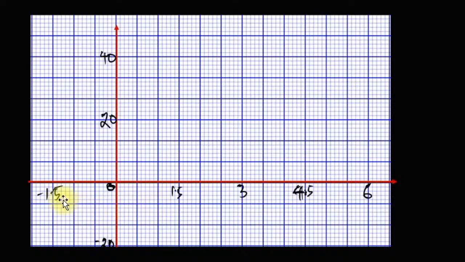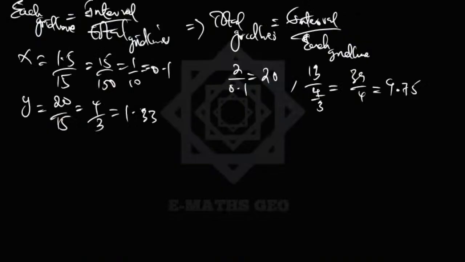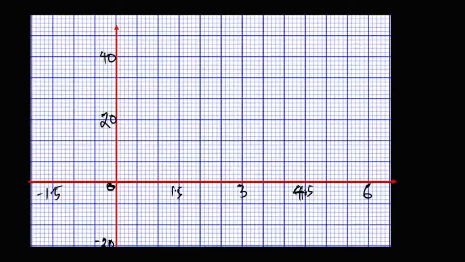Remember 13 is positive, so it's up. I'm counting 5, 10. This is 9 points, so not up to 10. So it should be here now, 9 point something, closer to 10. So this is the point at x equals 4, y equals 13.